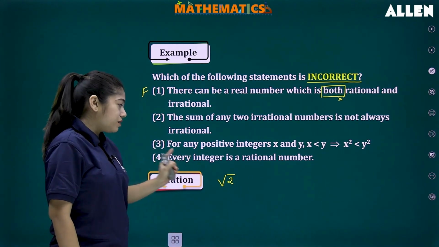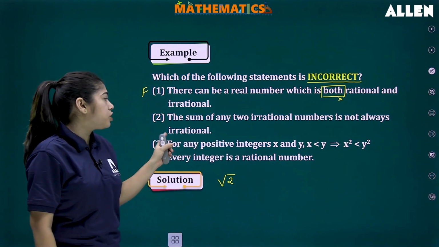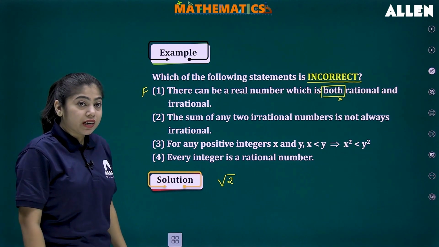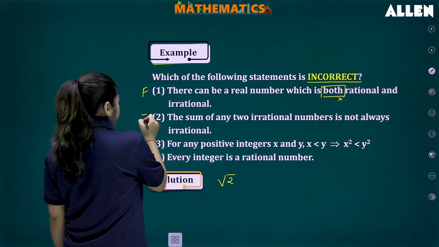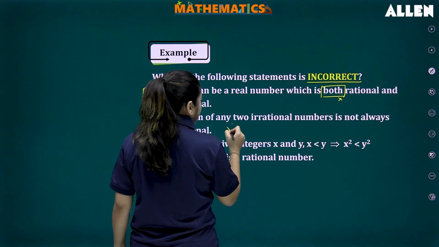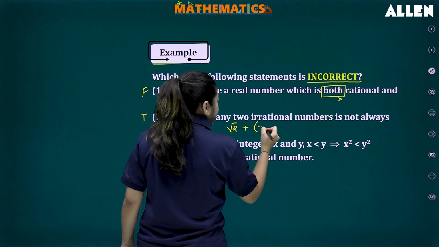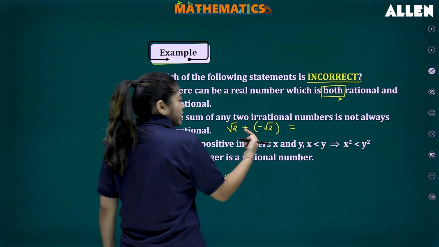But here let us discuss all the other options. Sum of any two irrational numbers is not always irrational. So here class, this is a true statement, right? Not always irrational. Why? Because we have seen that when we add root 2 and negative of root 2, how much are we going to get? Yes class, plus minus is minus.